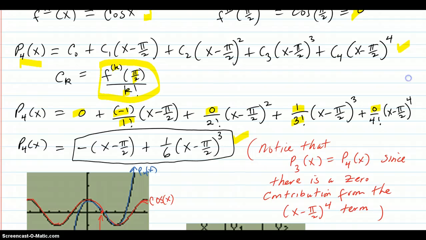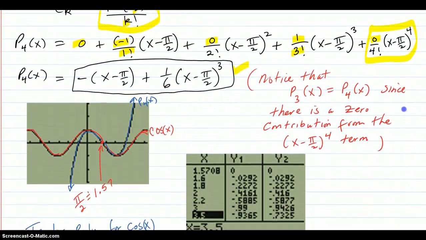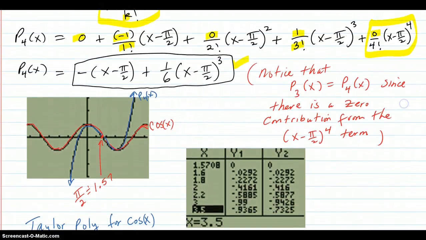Notice that P4 was asked for, but it's really the same as P3 because the fourth degree term cancels out with 0. So we're just going to do P3 for that one. Then we plug it into the calculator just to see where we are. Here's the cosine in the red, and our P4, which is actually the third degree polynomial, does this here.